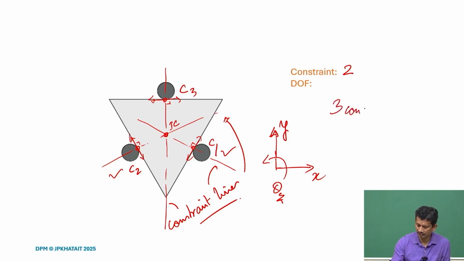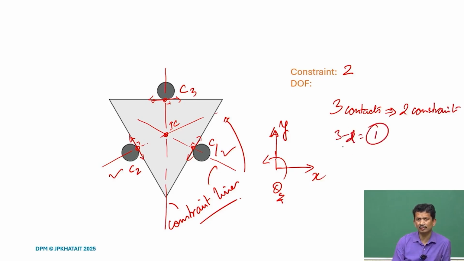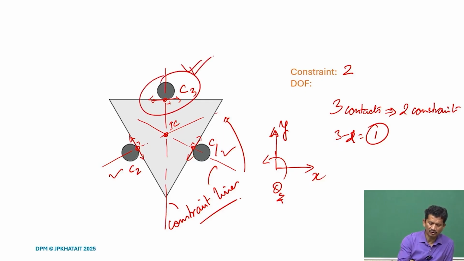So, 3 contacts providing 2 constraints only. It means one is redundant, one is extra, which was not necessary, and even if we remove one of them, it does not make any difference, and DOF is still 1 in this case, which is theta z.